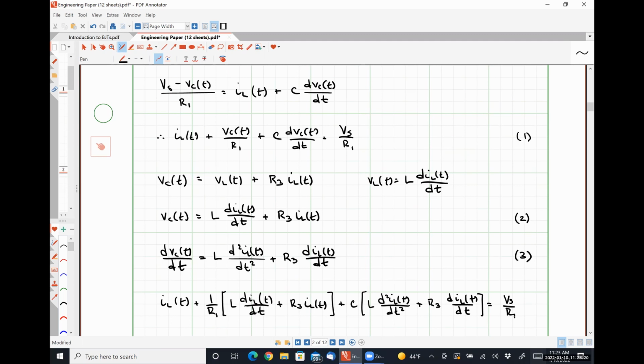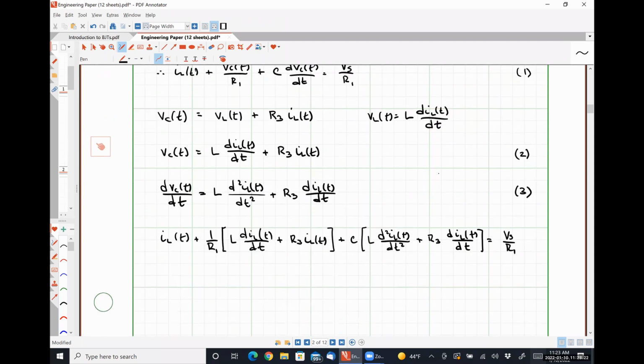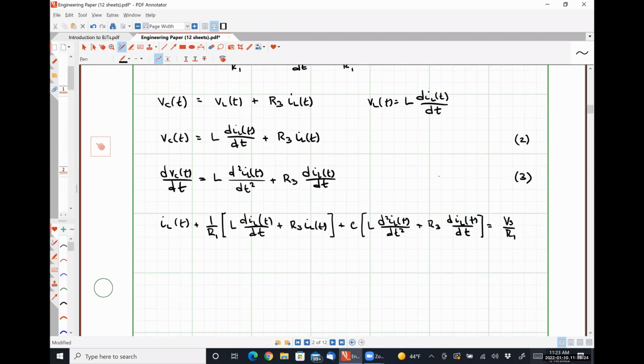So what's the coefficient of my second derivative term going to be? LC, right? So I'm going to have LC times the second derivative of my inductor current. Then I want my first derivative bits. There's going to be several of these.